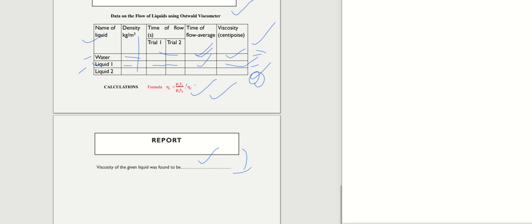And there are a few experiments which need a graphical representation. So in that case, being a pharmacist, we should clearly know what parameters are to be taken on the x-axis and what are to be taken on the y-axis.